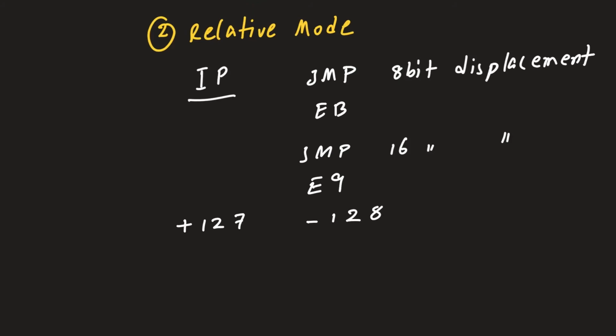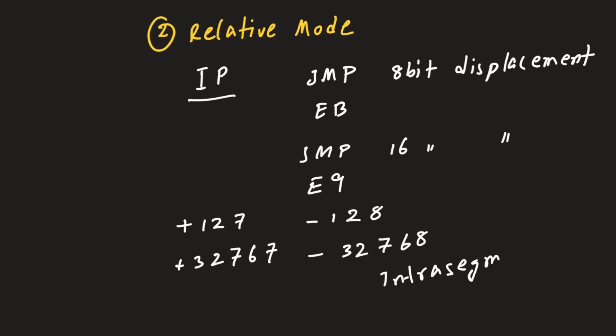Whereas if it is a 16-bit displacement, it may range from plus 32767 up to minus 32768. As we are not changing the content of the code segment register and we are only moving around with respect to the instruction pointer, this is called an intra-segment jump.